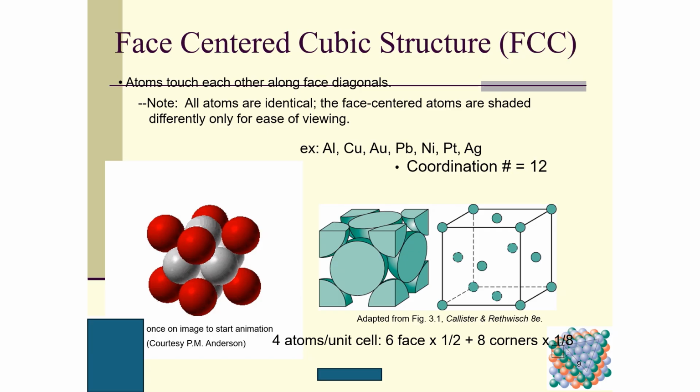So 6 faces multiplied by 1/2 is 3, and 8 corners multiplied by 1/8 is 1, and 3 plus 1 is 4.